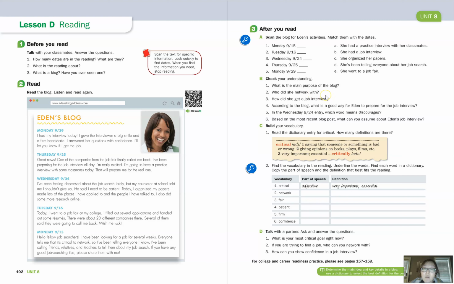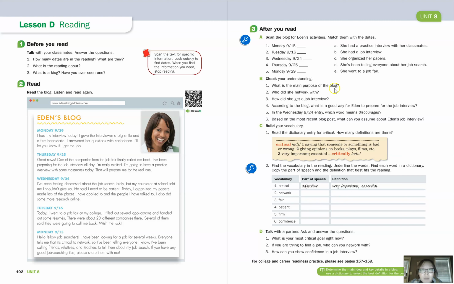Okay, so we don't want to just say to record her job search process. We want to make a complete sentence, so you can say the main purpose of the blog is to record or journal about her job search process.